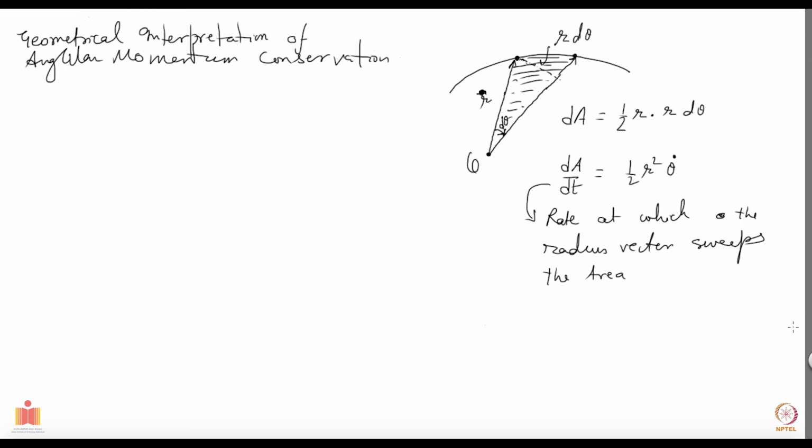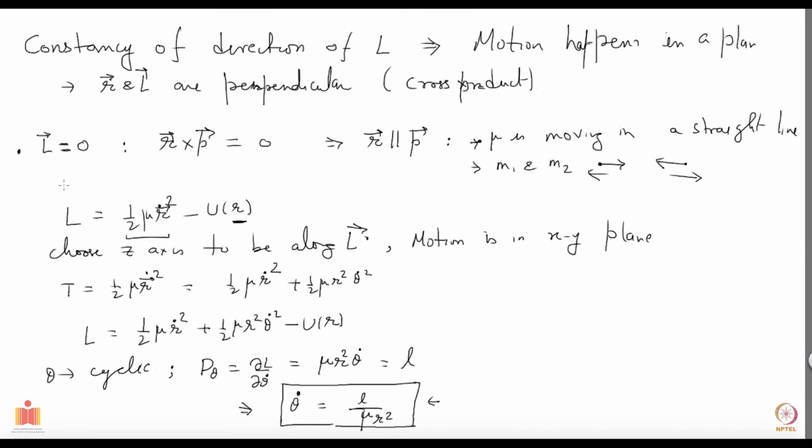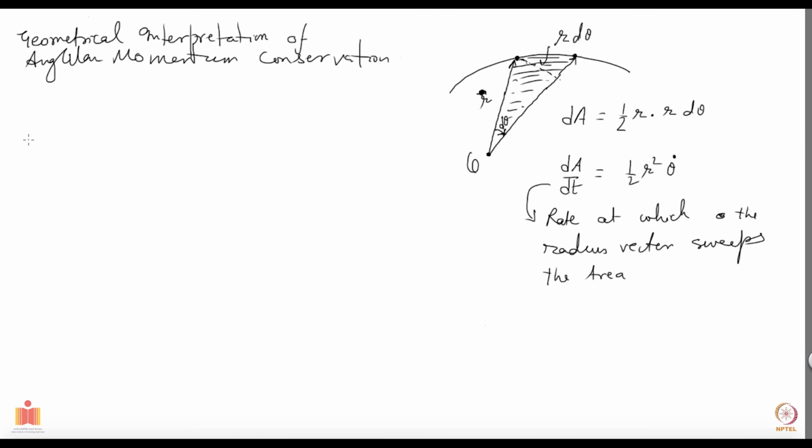Let's see what our angular momentum conservation implies about this rate dA over dt. Here I had found theta dot to be L, which is a constant, over mu r square.